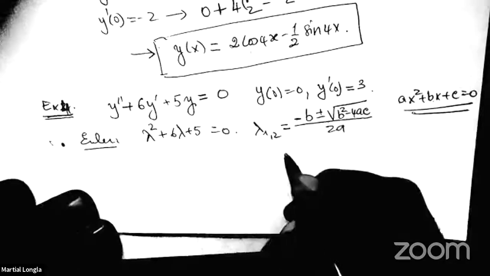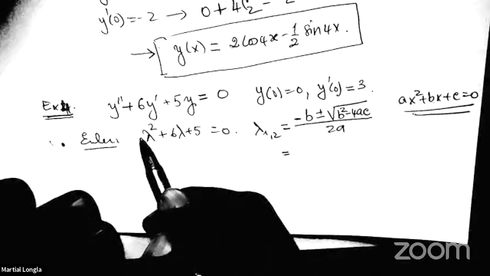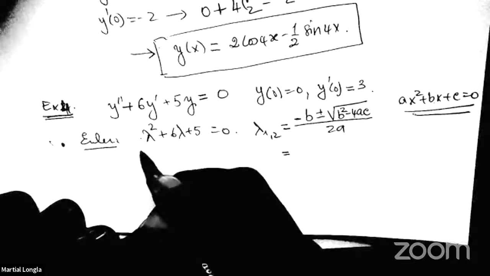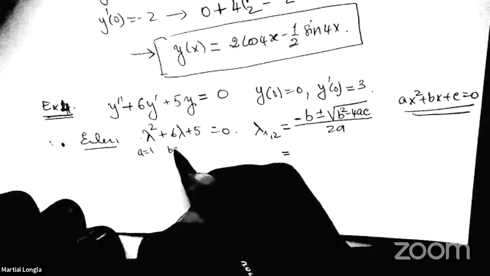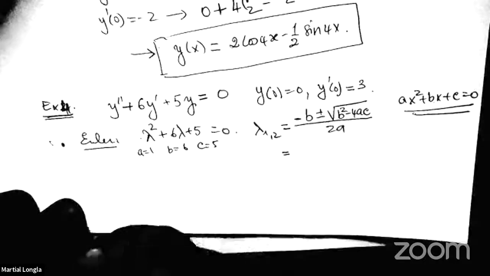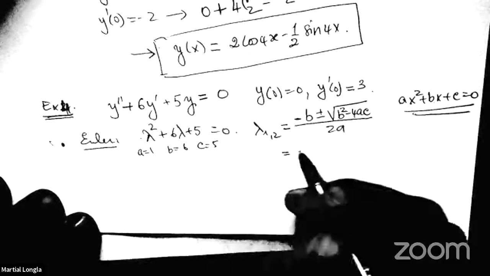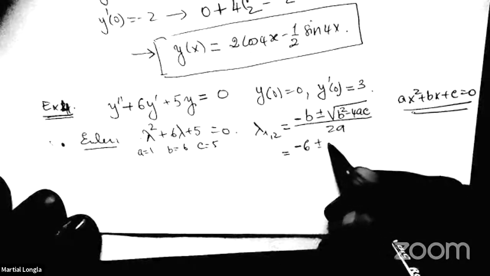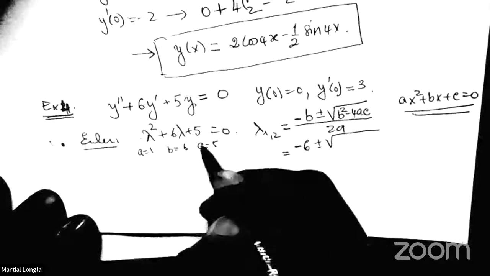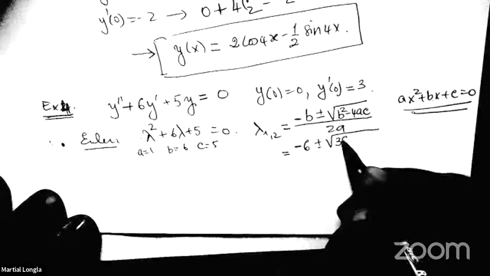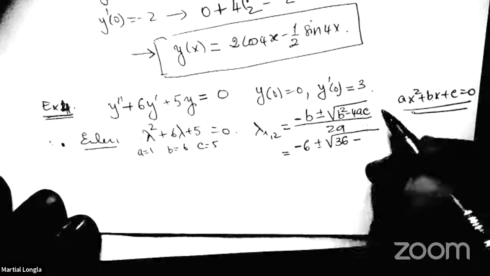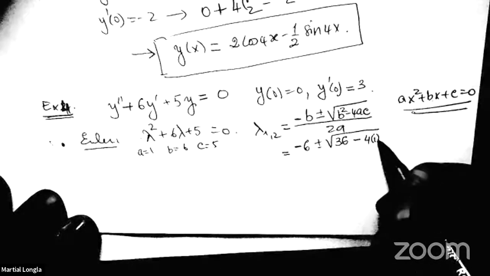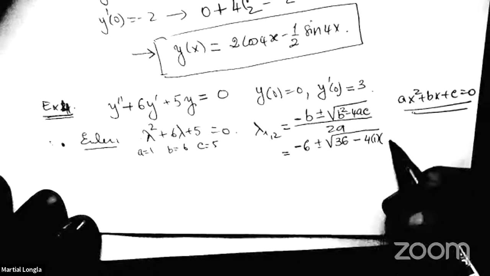So here in this problem, A is 1, B is 6, and C is 5. And you do negative B. B is 6, so that's minus 6 plus minus square root of B squared, that is 36, minus 4 times A, 1, times C, and C is 5.